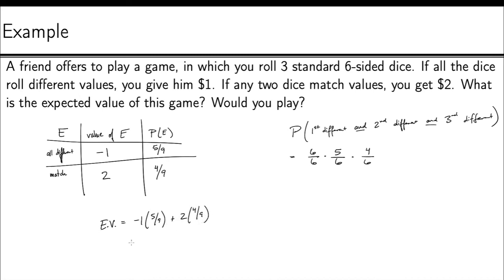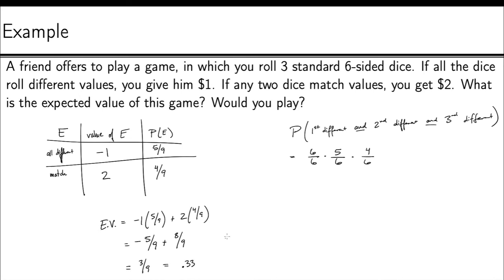So here we get -5/9 plus 8/9. This ends up as 3/9 or 1/3, which is about 0.33. So 33 cents about is the expected value to you.